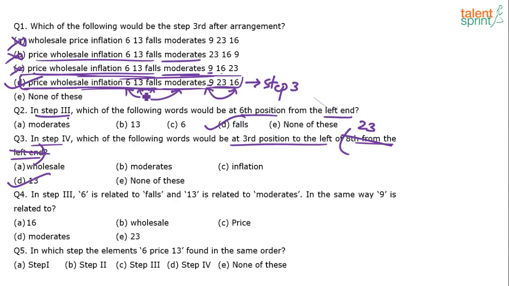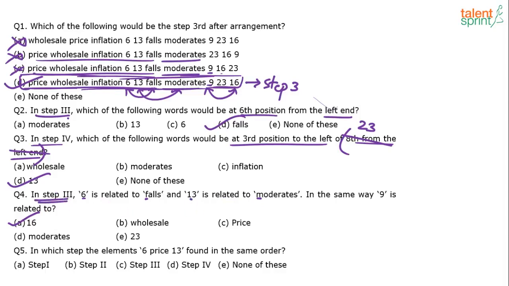See, from 6 to false, you skip one position. 6, skip, false. 13, skip, and then moderates. So 9, then skip, and 16. 9 is related to 16, so option A is the answer. Don't misunderstand that false has first letter F and moderates has first letter M. That's not the idea.